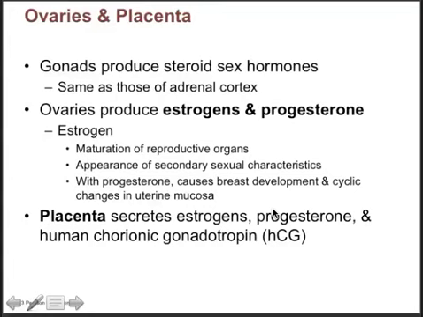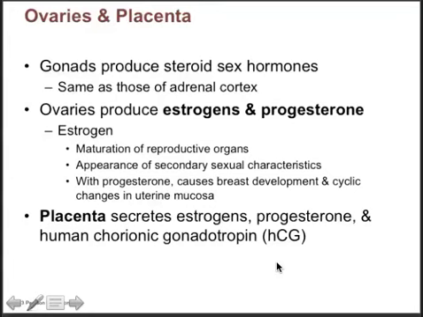And what happens once the conceptus implants is that a chorion is established, and it produces HCG, human chorionic gonadotrophin, which feeds back via the bloodstream to the corpus luteum to help it continue to secrete estrogens and progesterone in order to maintain the endometrial lining so that the pregnancy can go to term.